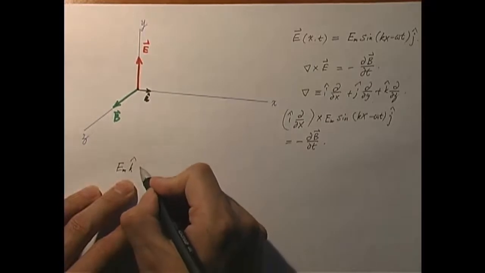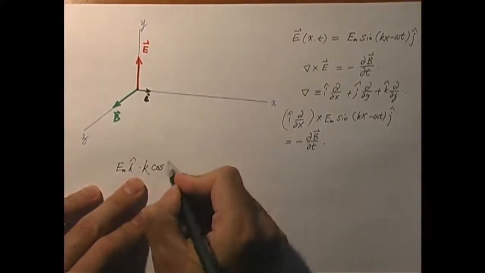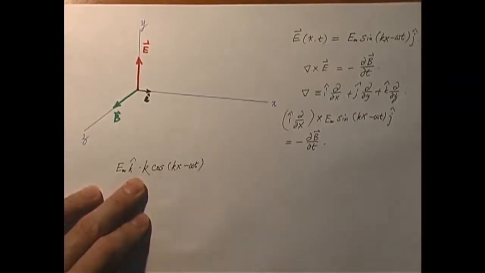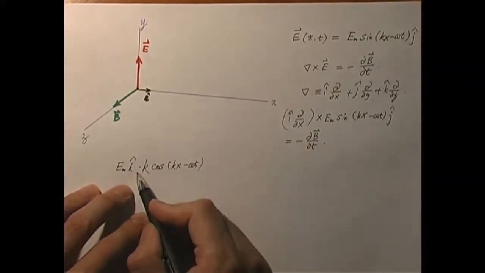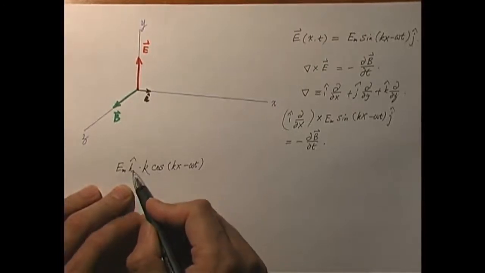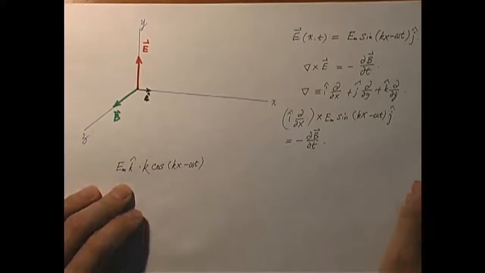If you do that, you get k cosine of kx minus omega t. You take a derivative of sine, you get cosine. Now please do not confuse these two k's. This k is the wave vector 2 pi over lambda, and this is the unit vector along the z direction. So please do not confuse these two.